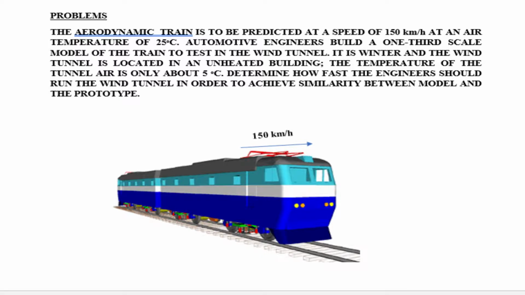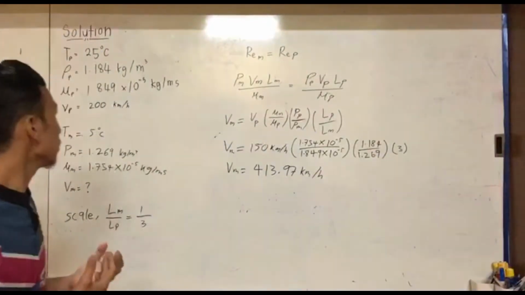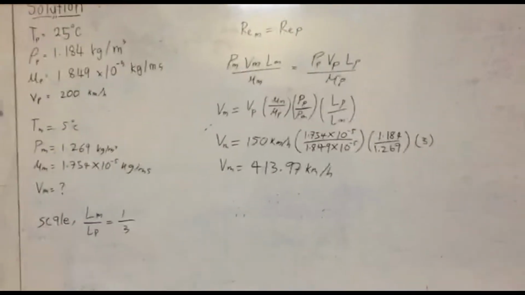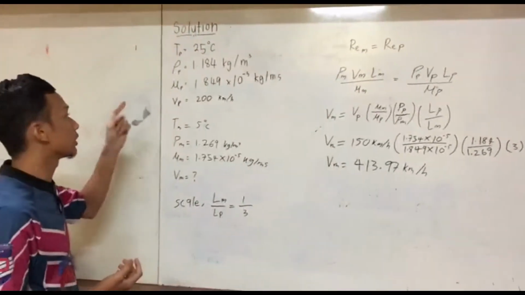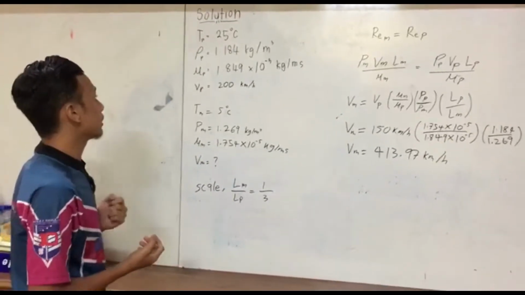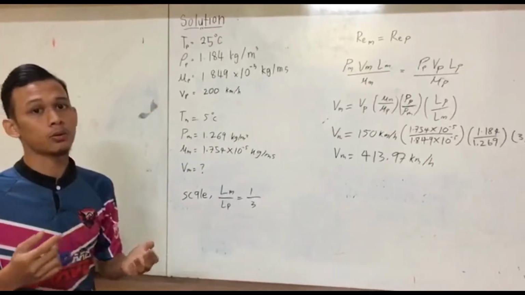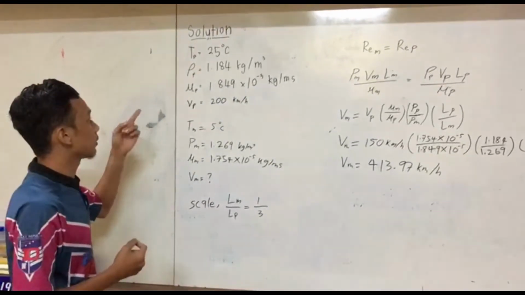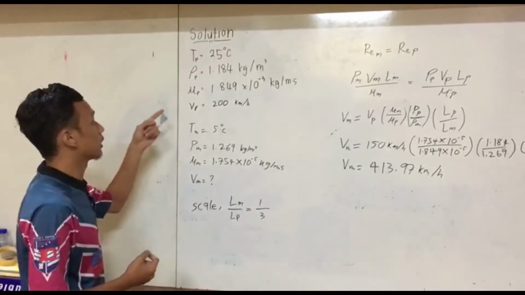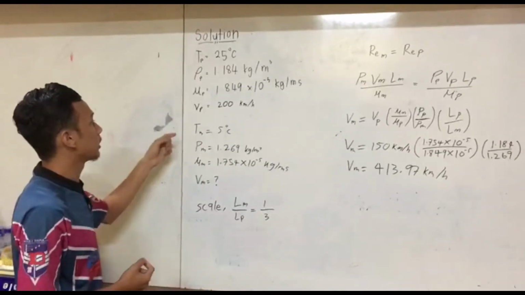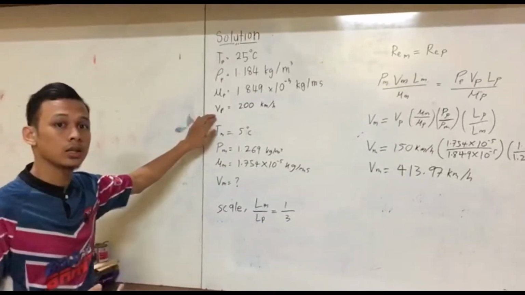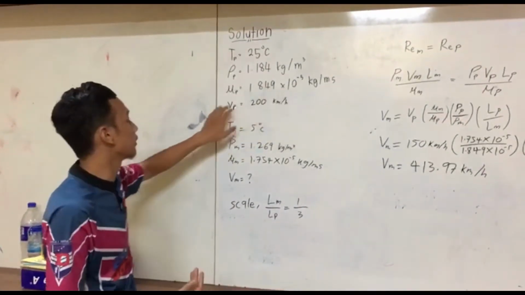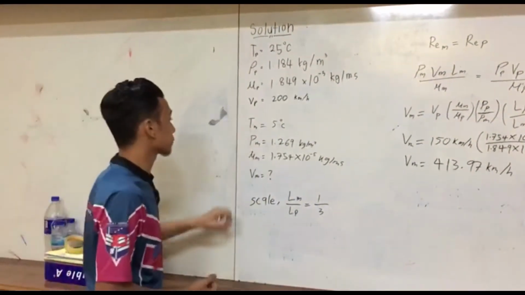For our group, we chose the train. The question states that the temperature for the prototype is 25 degrees Celsius. The density and dynamic viscosity we get from the table of properties of air at 1 atm pressure. The velocity of the prototype that we need to predict is 200 km per hour.